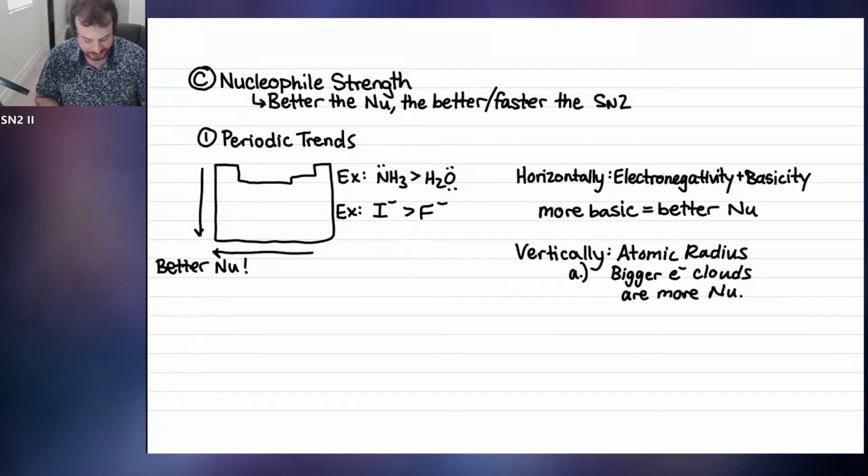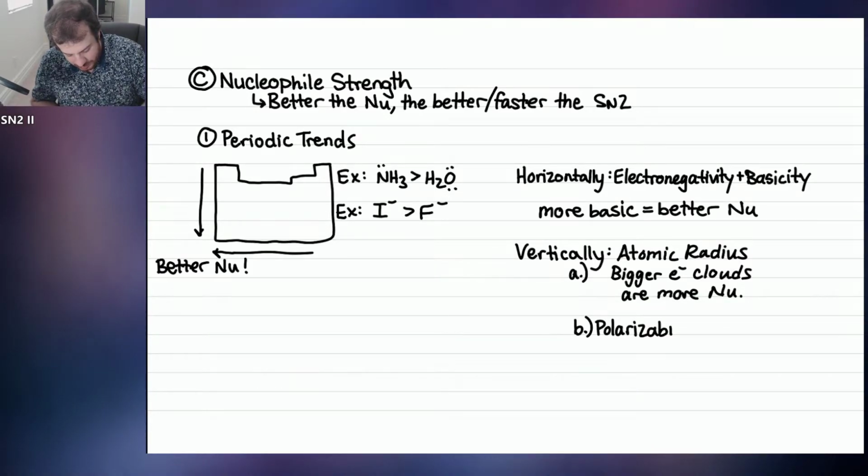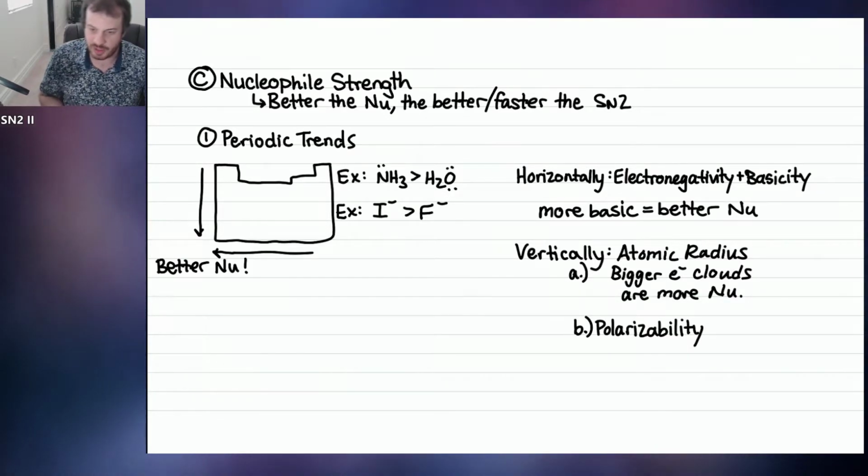Reason number two is a property called polarizability. When you have a big atom, it's more polarizable, meaning that the electron cloud can get shifted to one side more easily and create a more concentrated negative charge for the nucleophile.